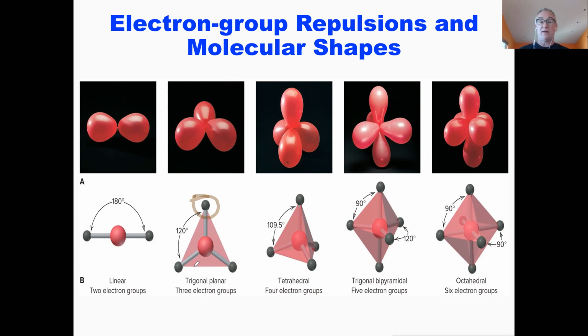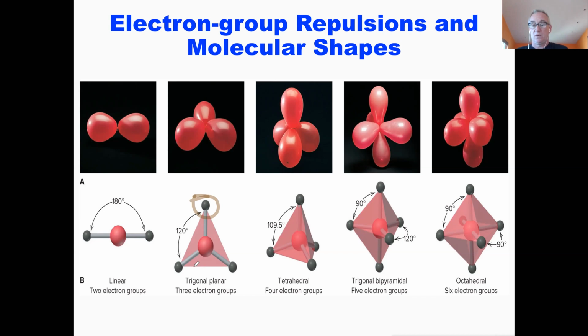It could be that as well. And so that determines the overall shape, what group it's in, the overall geometry. And then the actual number of lone pairs versus bonded atoms determines the actual shape of the molecule. But each one is a region of electron density.